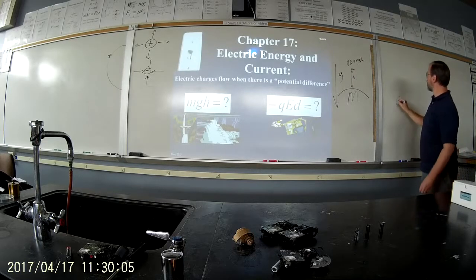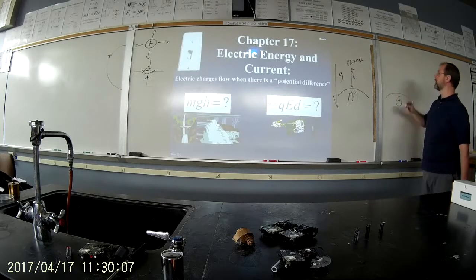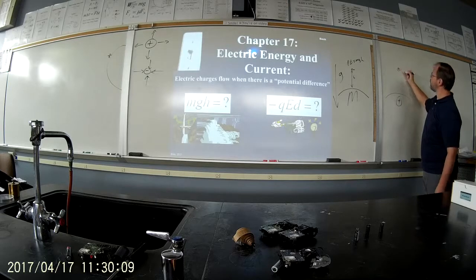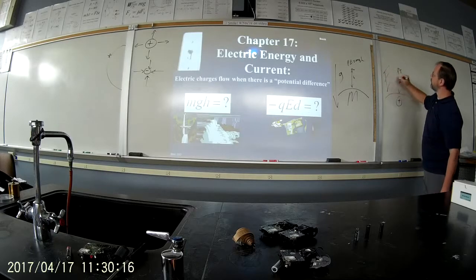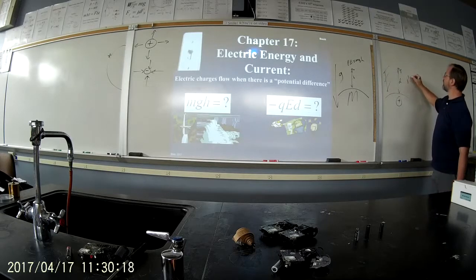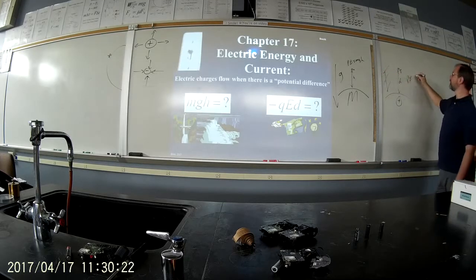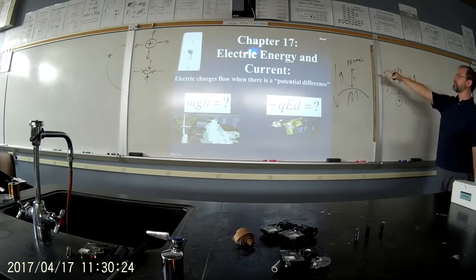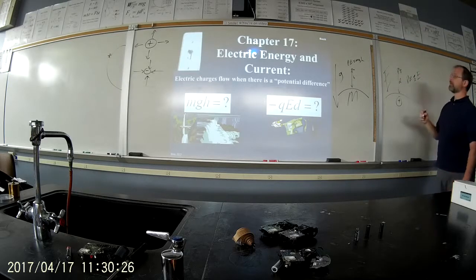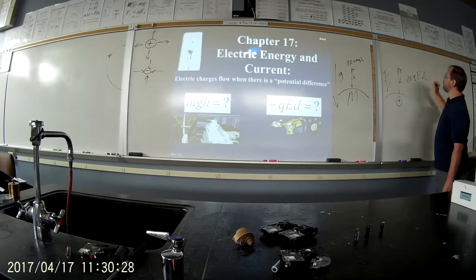Similarly, if we get an electric field, and you put a positive charge or a negative charge above it, it has a charge q, a distance d away, and it's feeling a field E. Its potential energy is the same thing. Instead of m, we use q. Instead of g, we use E. And instead of h, we use d.